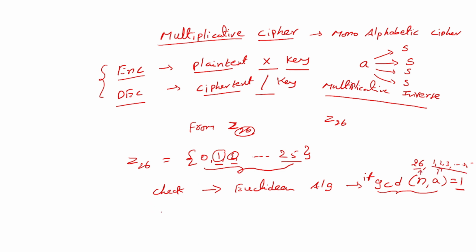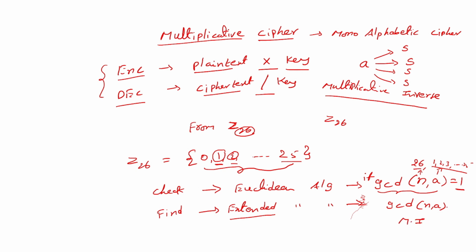And how do we find the multiplicative inverse of an integer? To find the multiplicative inverse of an integer, we need to apply the extended Euclidean algorithm. Using the extended Euclidean algorithm we can find the GCD and the multiplicative inverse also.